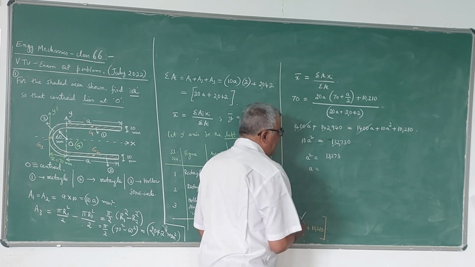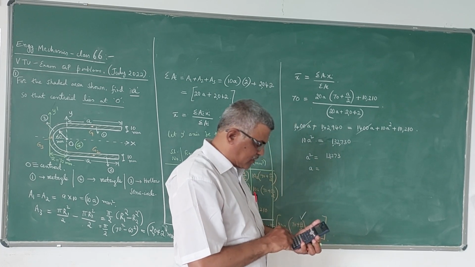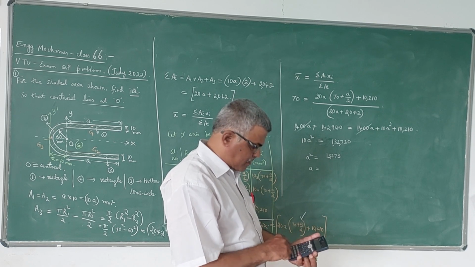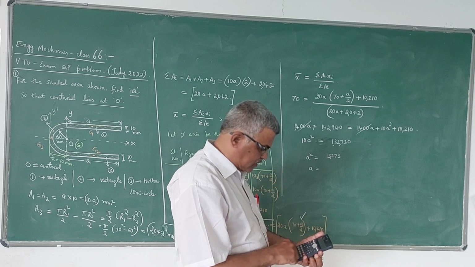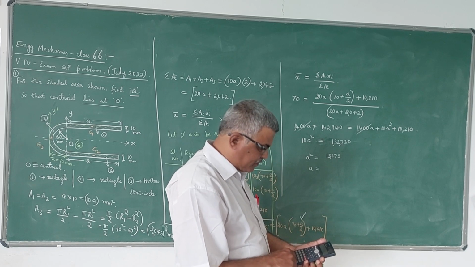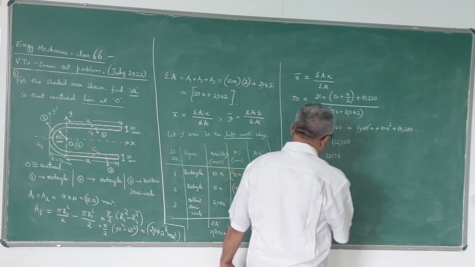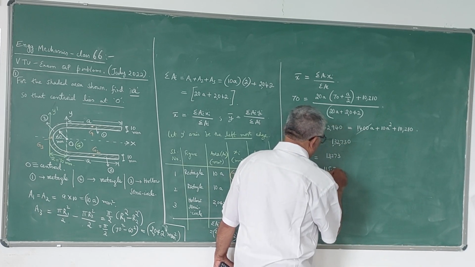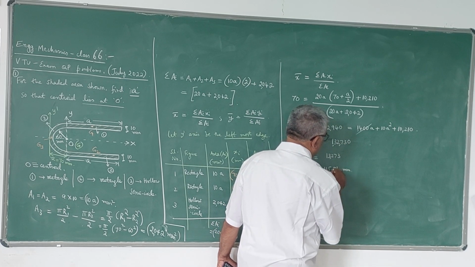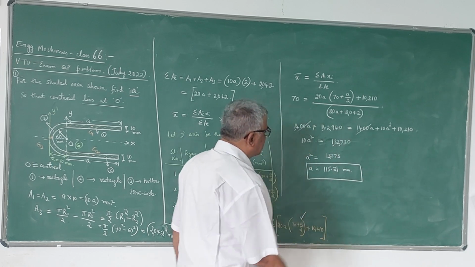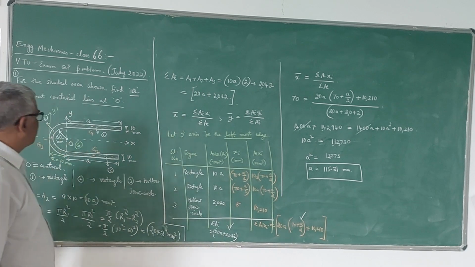Therefore a is the root of 13,273, which is 115.21. So this is the value of A, so that the centroid lies at the point O.